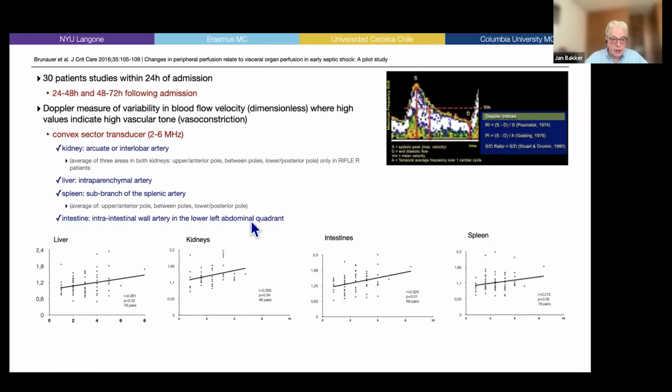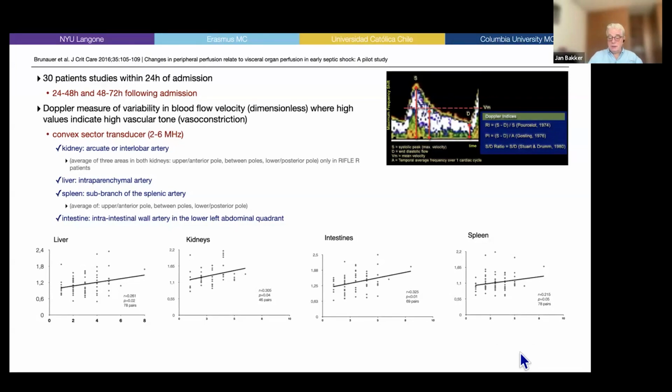And as you can appreciate, in all of these regions, the longer your capillary refill time, the lower your flow. And so the resistance index increases, meaning the flow decreases to the liver, the kidney, the intestine, and the spleen when your capillary refill time increases.